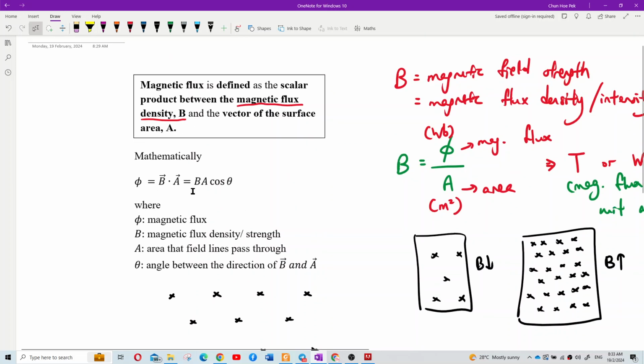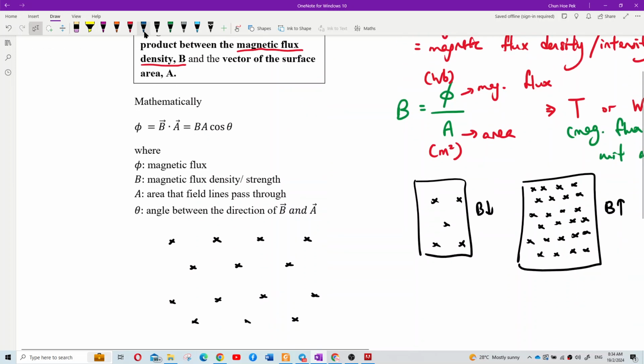Okay, so then I have a certain area. So the magnetic flux is these lines. You understand? This is an area A, in the region of magnetic field.